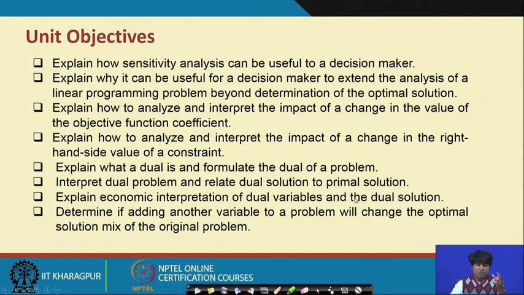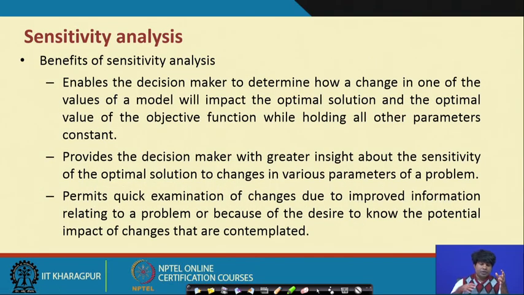And to continue on that particular component, what I would like to address is that the sensitivity analysis will give you the kind of clue where the decision maker can determine how to bring a change in one of the values of the model, and that will impact the optimum solution and the optimum values of the objective function, while holding all other parameters constant, and provides the decision maker with greater insight about the sensitivity of the optimum solution to changes in various parameters of a problem.